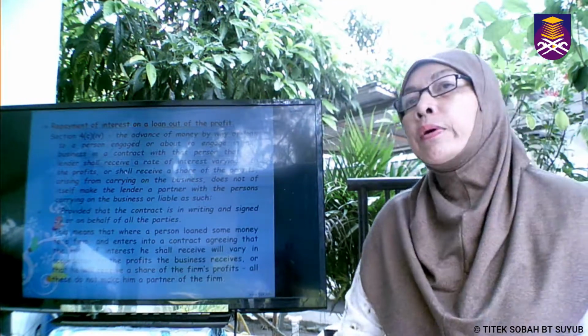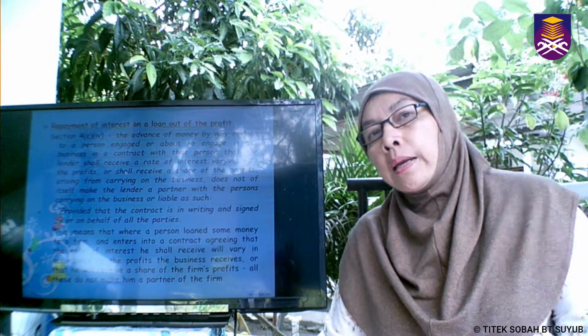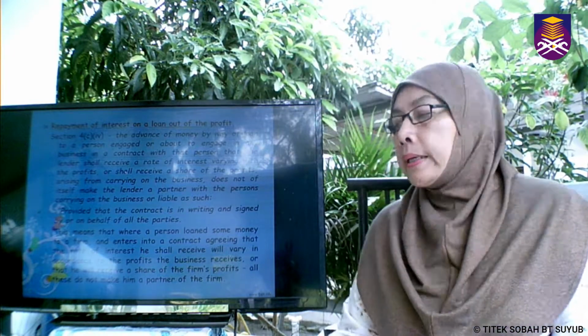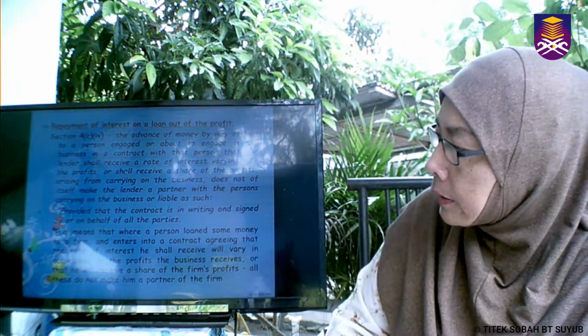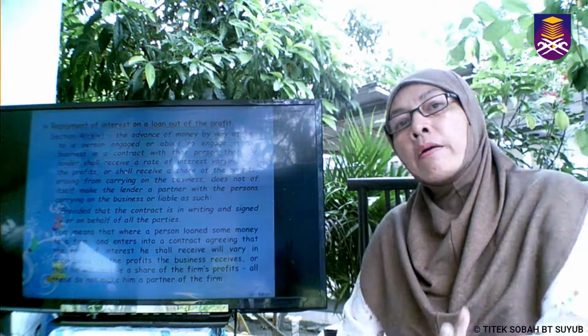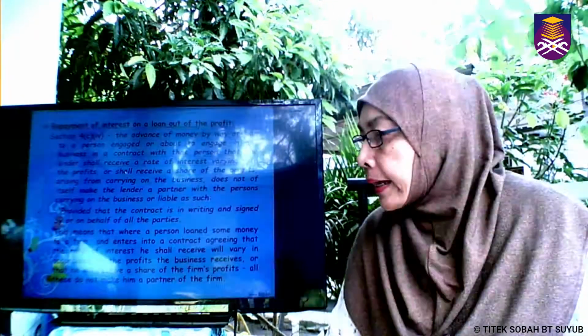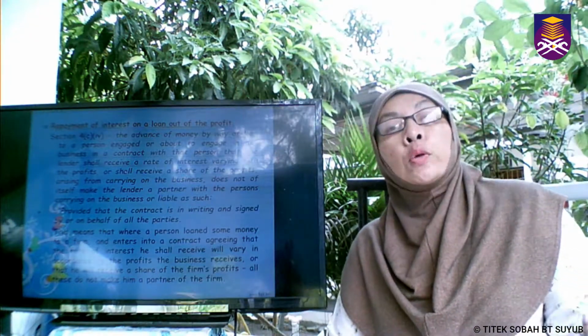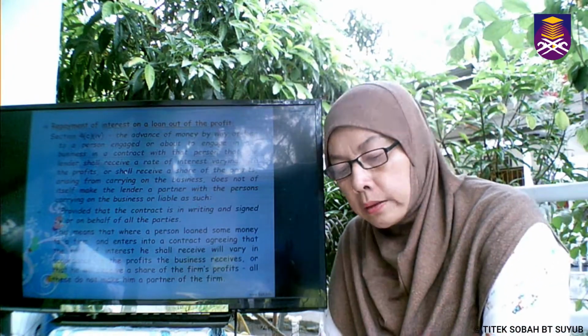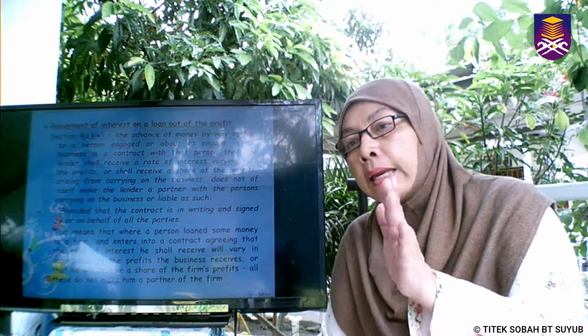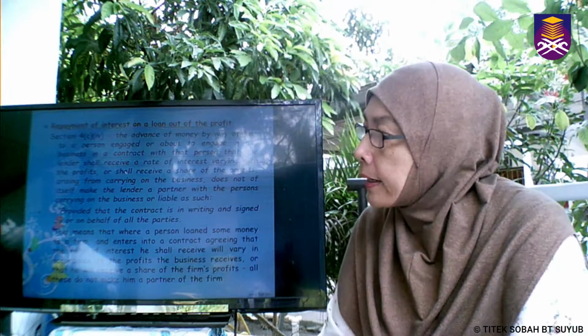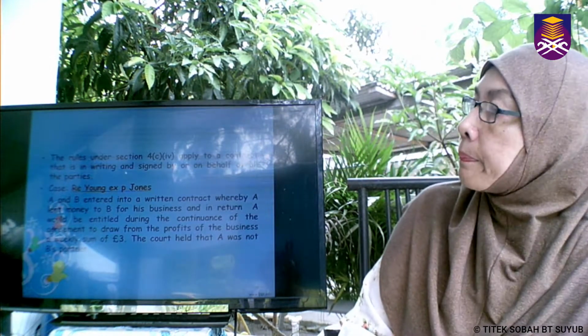So meaning if a person lends money to a firm and then he receives payments through interest which varies, so if it's not in writing, then under that situation he is actually a partner. So make sure that it is being done in writing, saying that he is only a creditor, so that he won't be liable as a partner.